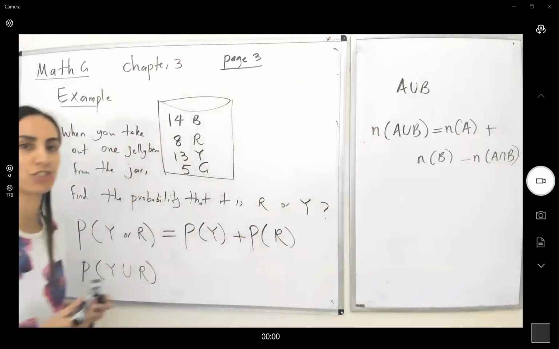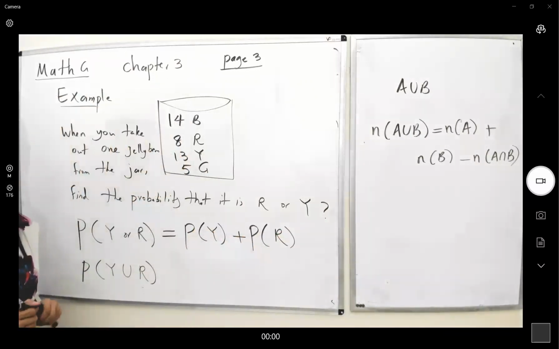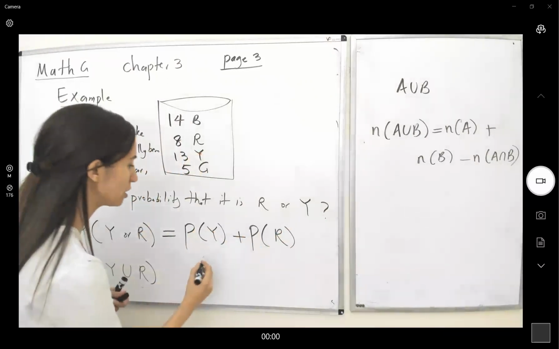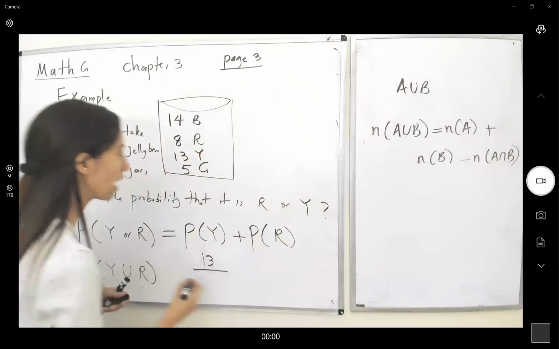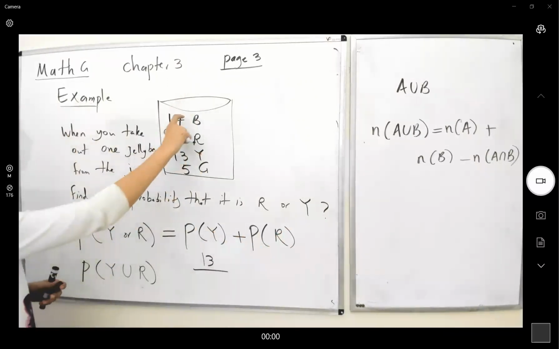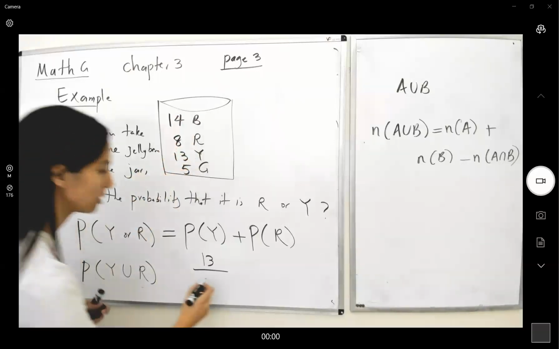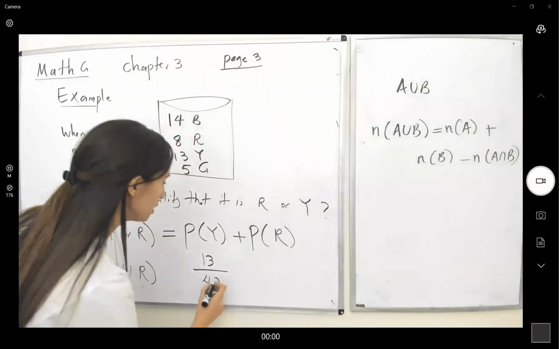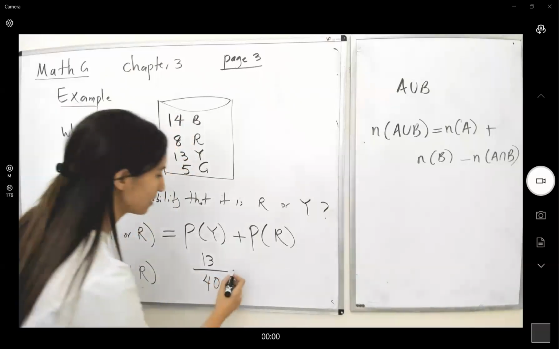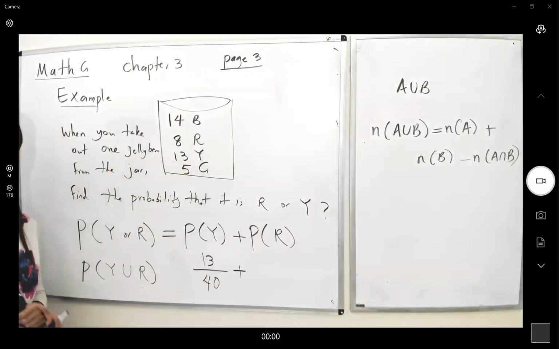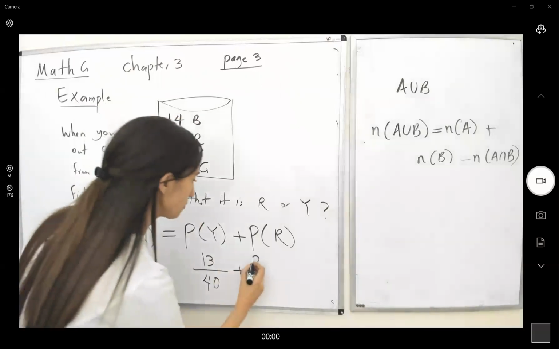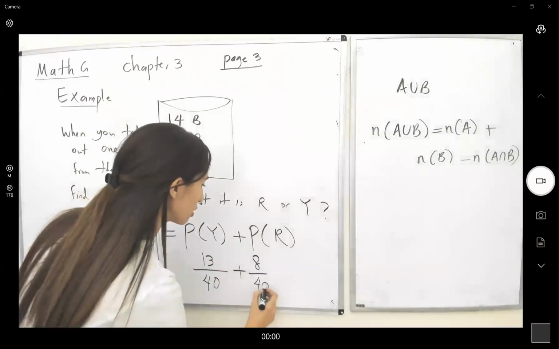So the probability is equal to probability of having a yellow jelly bean or probability of having a red jelly bean. What is the probability of a yellow jelly bean? So yellow, you have 13 out of how many? If you add these all together, 22, then you have 35 and you have 40. 13 divided by 40 plus the probability that that jelly bean is actually red, 8 out of 40.